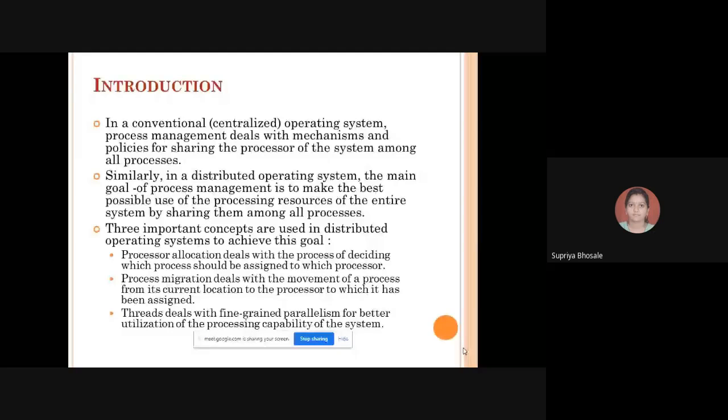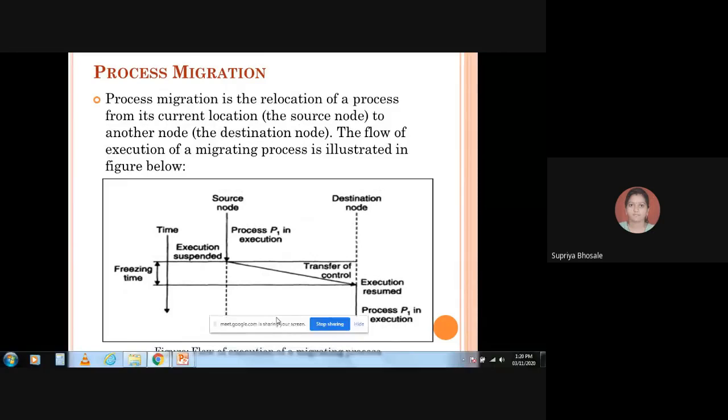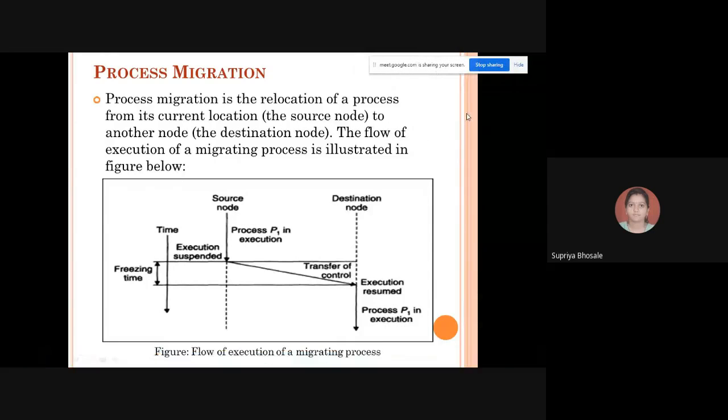Then we have started with the process migration point. So what is exactly process migration and its flow diagram we have gone through.